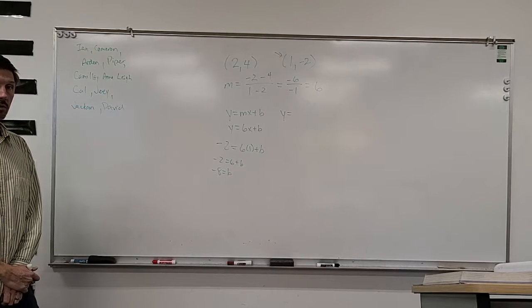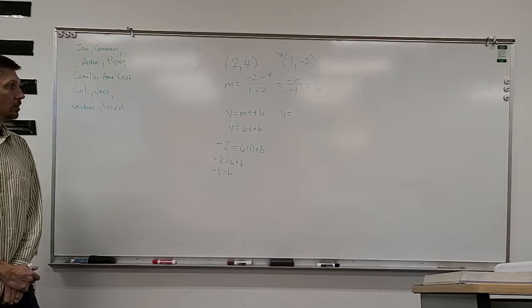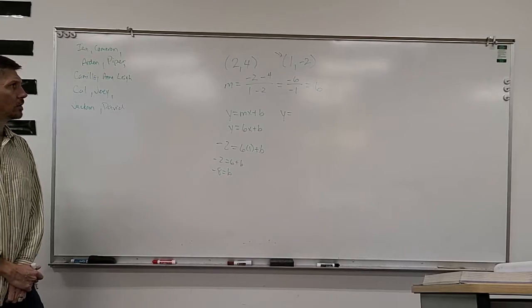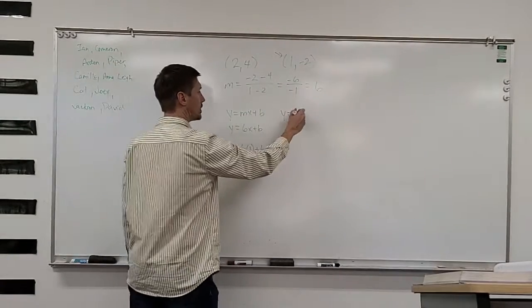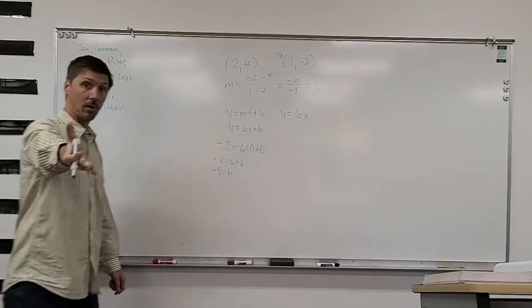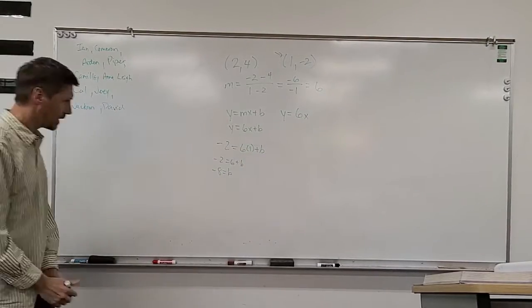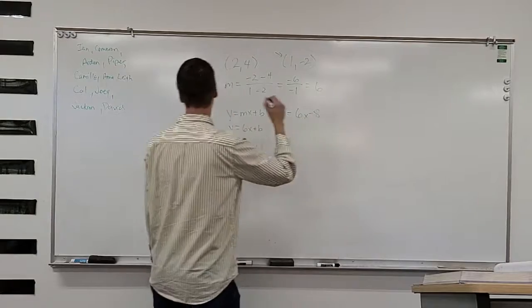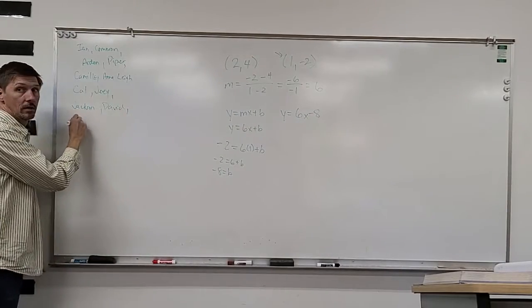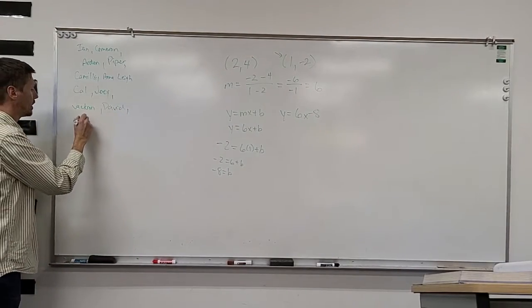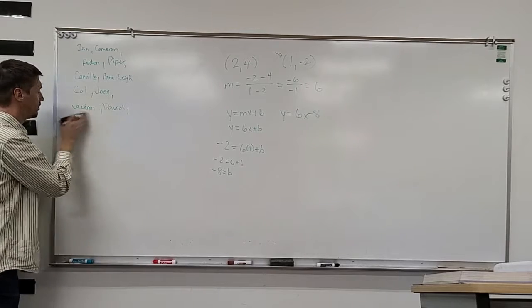The slope was 6. Right here, plain 6. So slope is 6, 6x. Now our y-intercept is -8. Exactly. Does everybody agree with Brittany? Okay. You write down Brittany's name correctly.